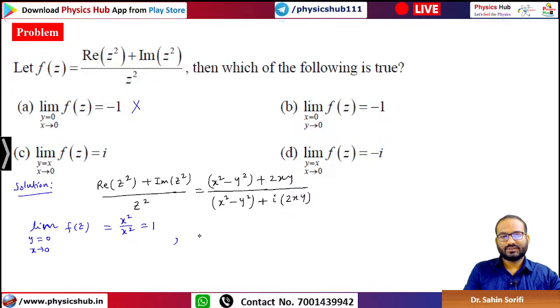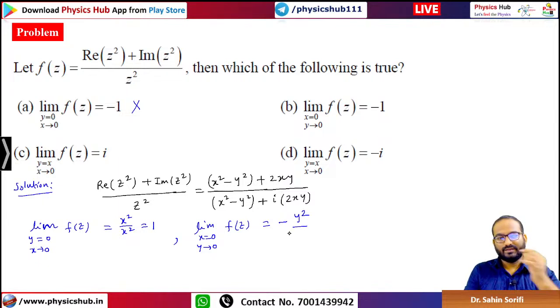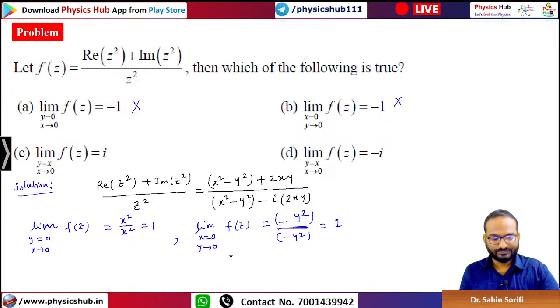Let's go for the next option. Limit x equals 0, y tends to 0, f of z. You put x equals 0 and y tends to 0, so this gives minus y squared divided by minus y squared again. This is +1, but -1 is given, so this is not the correct option.